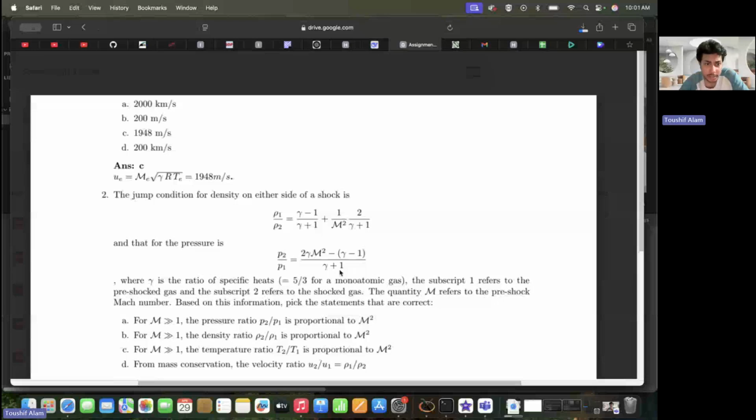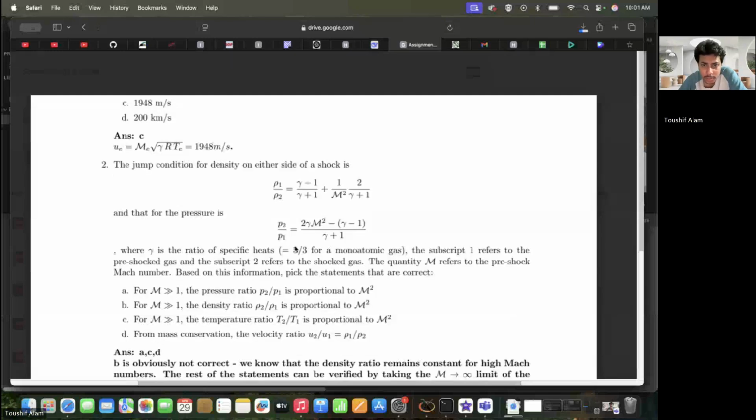Temperature can also be calculated. So for M much greater than 1, P2 by P1 is proportional to M square, because the other terms will be negligible. Gamma minus 1 by M square will be 0, and gamma plus 1 by M square will be small, so it will be proportional to M square only.